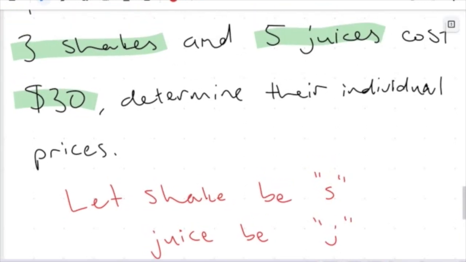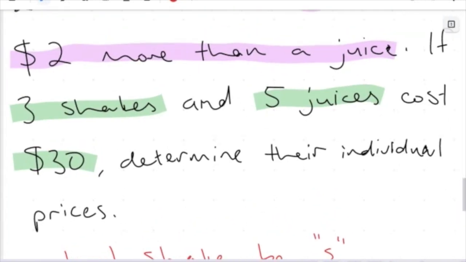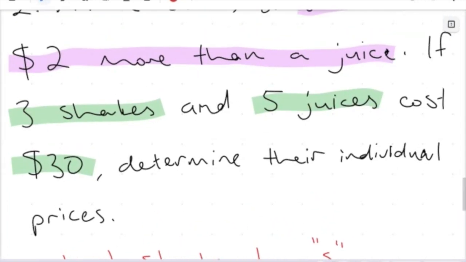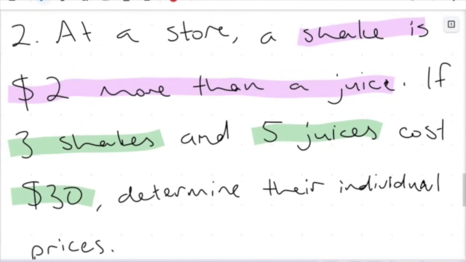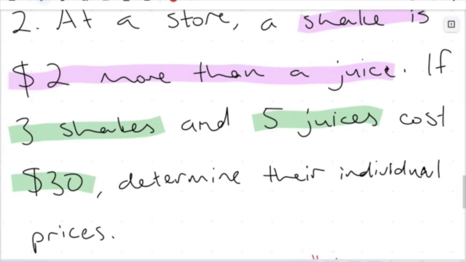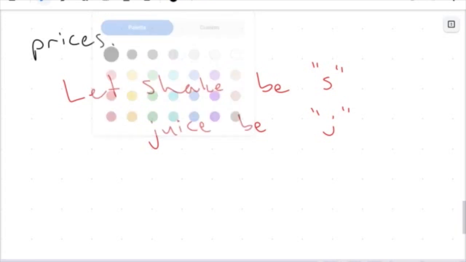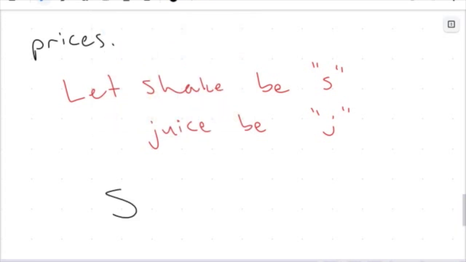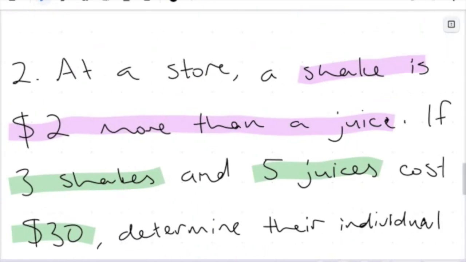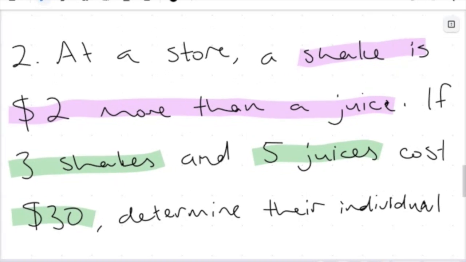Okay, so now is the tricky bit. We want to make these words into 2 separate equations. So let's look at this first bit of information. A shake is $2 more than a juice. So my shake here, S, is going to equal the price of a juice plus another $2.